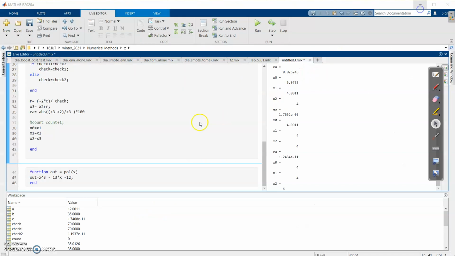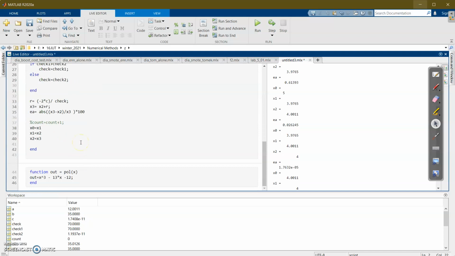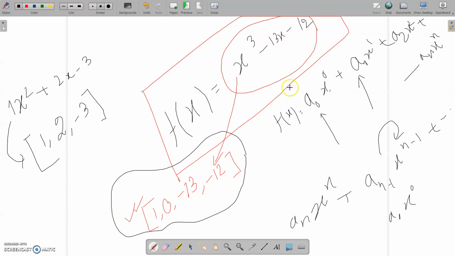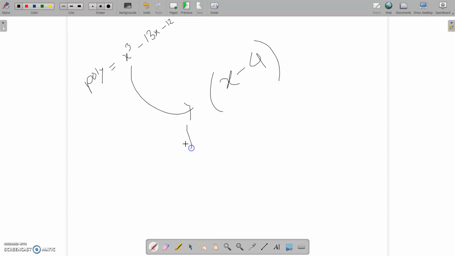Using this polynomial, our initial polynomial was this, and we have found one root of that polynomial. The polynomial that we have now is x cube minus 13x minus 12, and we have found that 4 is a root of this. So that means x minus 4 is a factor of this polynomial.